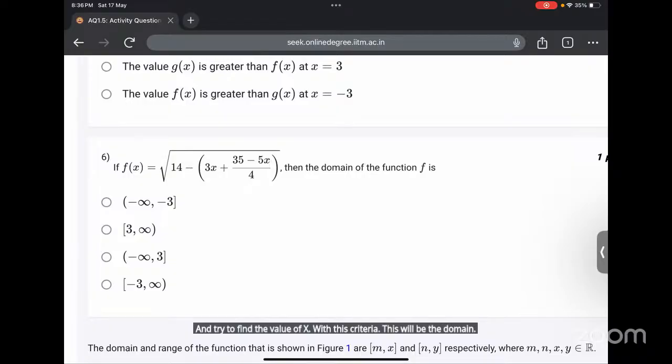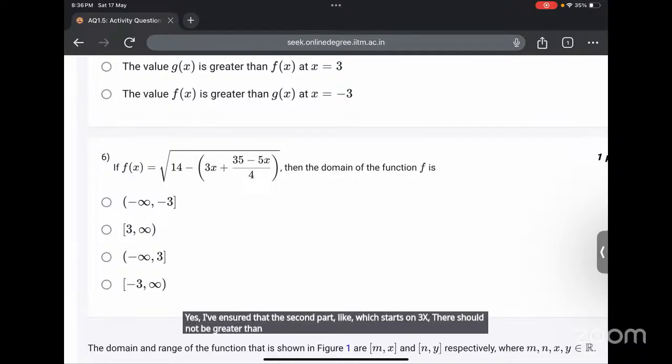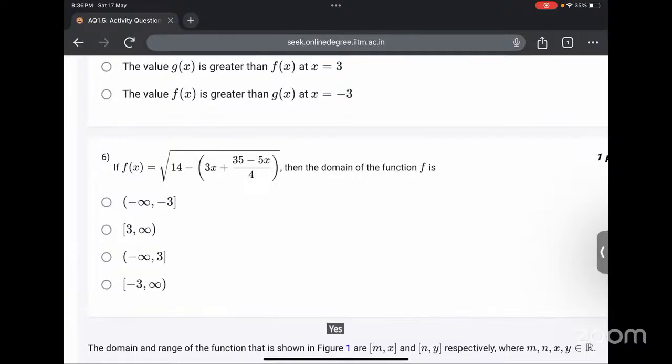Yes, we ensure that the second part, which starts from 3x, should not be greater than 14. We just have to find the value of x. And what is the domain you are finding? Just let me know.